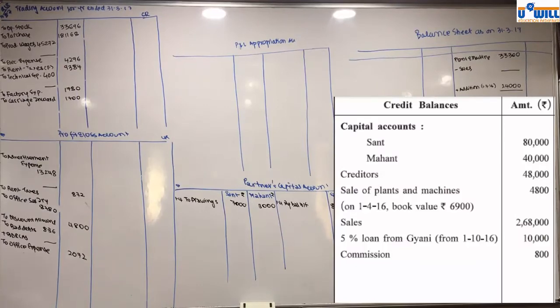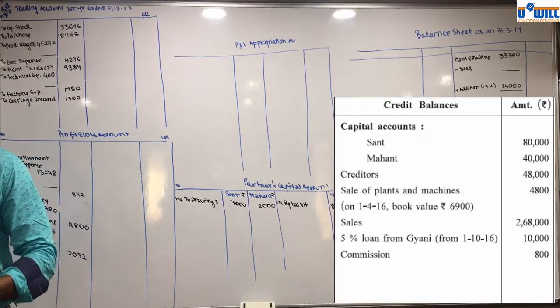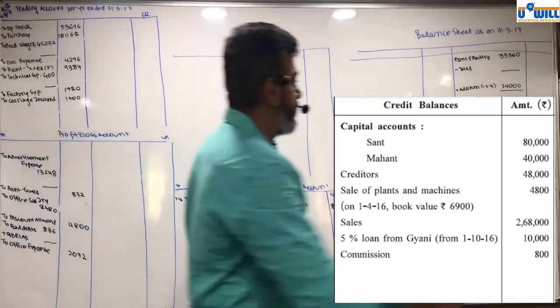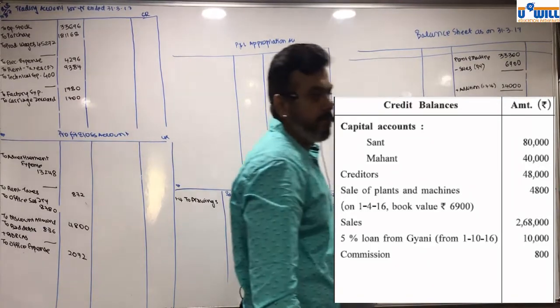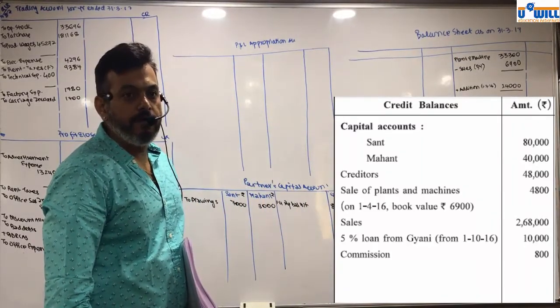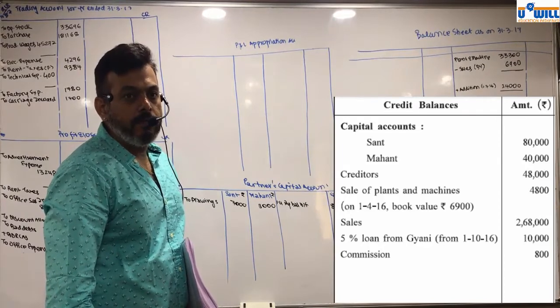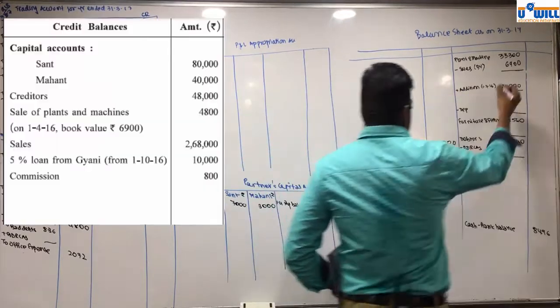Okay. Credit side now. Very important adjustment, sale of plant and machinery. Now we sold a plant and machinery whose book value was 6,900. So 6,900 of machinery goes out. What's the difference? 26400.